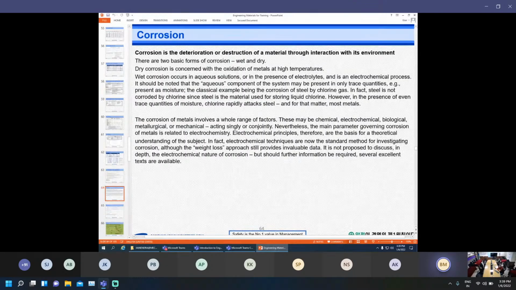Corrosion can be defined as a deterioration or destruction of a material through interaction with its environment. So when the material is being used in a service fluid or in an environment, it is going to deteriorate. Basically there are two types of corrosion, wet and dry corrosion.